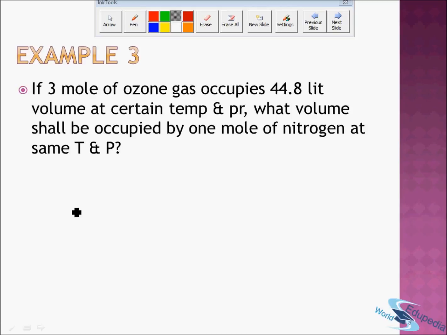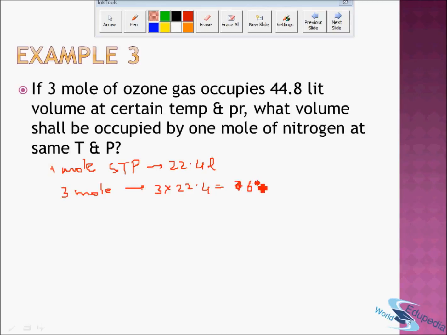See, if the condition of temperature and pressure was STP, I know that 1 mole at STP occupies 22.4 liter. It means 3 moles at STP will occupy 3 times the volume, that is 3 into 22.4, which gives me 67.2 liter of volume.